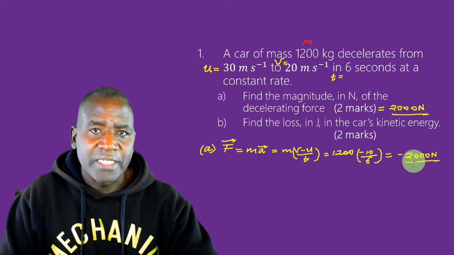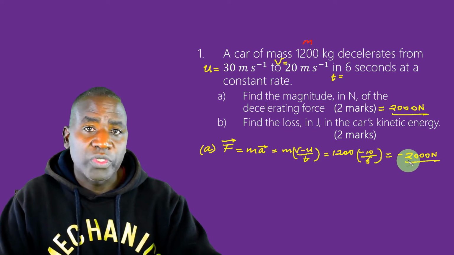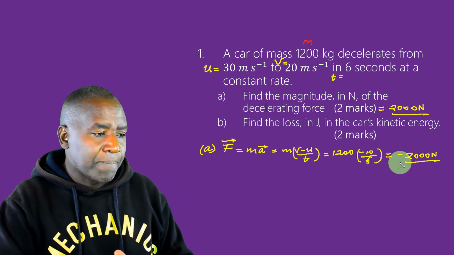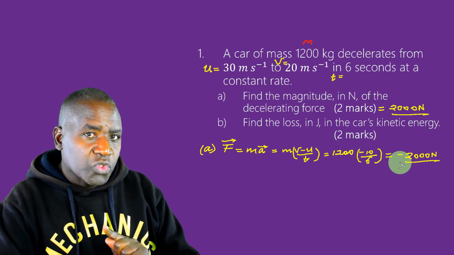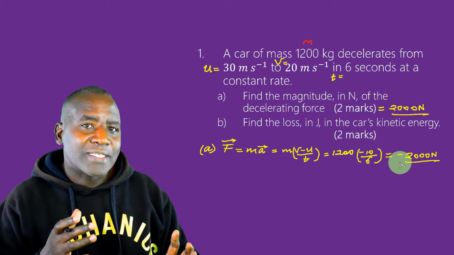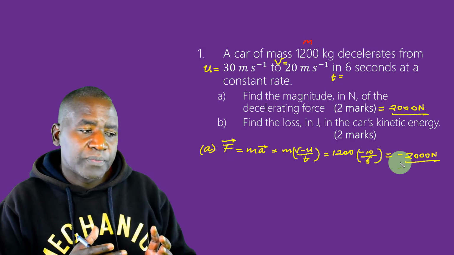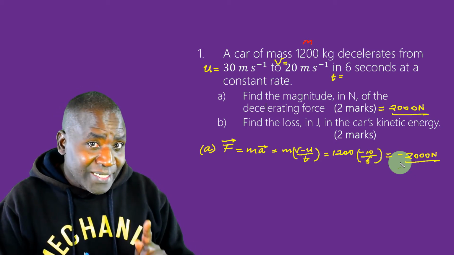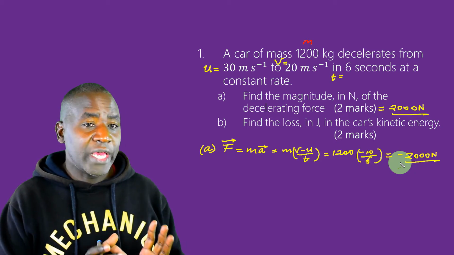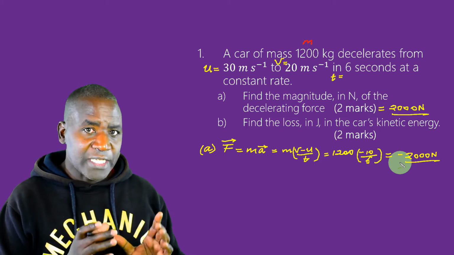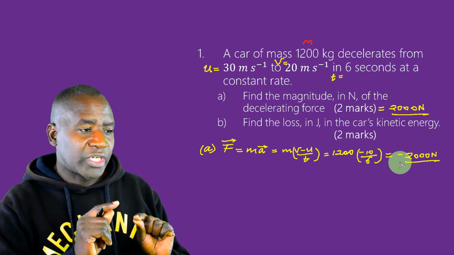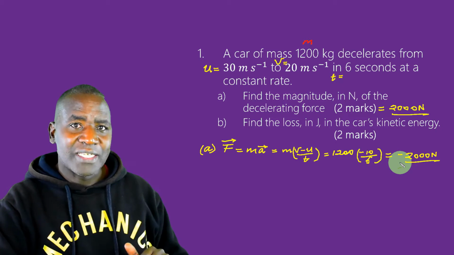Where has the negative sign disappeared to? This is what it means. When we use the equation F is equal to ma, F is the force which causes that body to accelerate. So I'm calculating the accelerating force, because a is not a deceleration, it is an acceleration. Remember F is the resultant force which causes the object to have an acceleration a, and both of them are in the same direction.